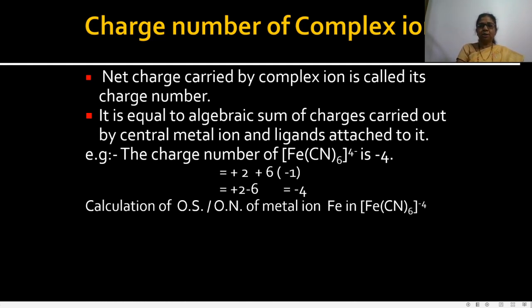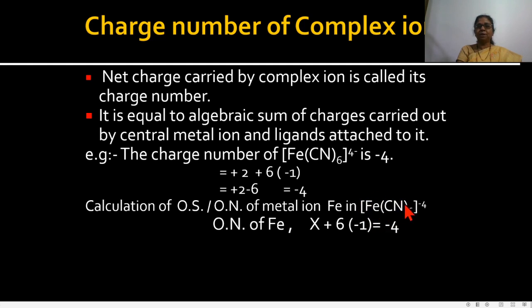Also, this charge number is used to calculate the oxidation state or oxidation number of the metal ion. For example, Fe in [Fe(CN)6]4-. We can calculate the oxidation number of Fe. Let X be the oxidation number of Fe, plus 6 times -1, since the charge of cyanide is -1.